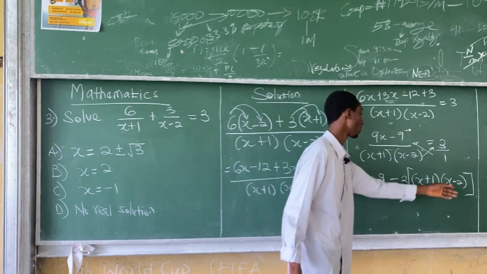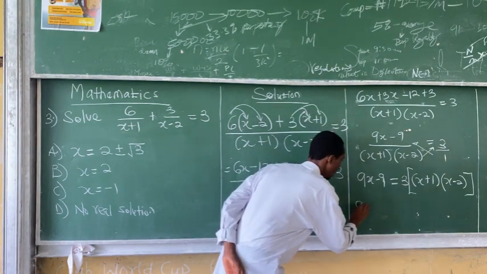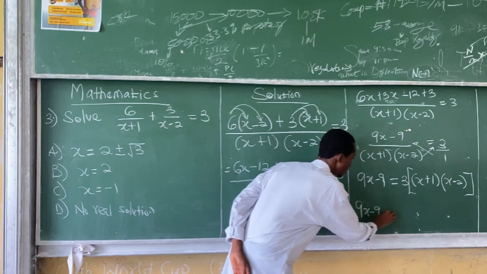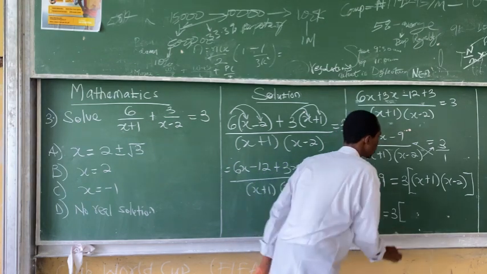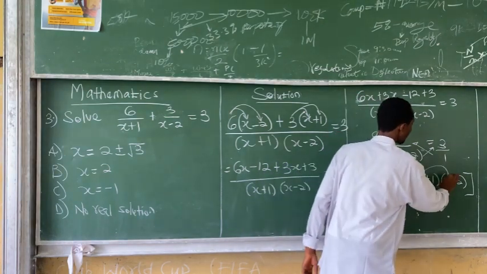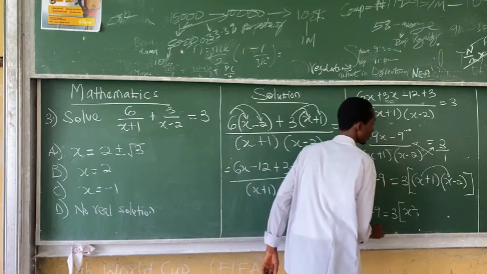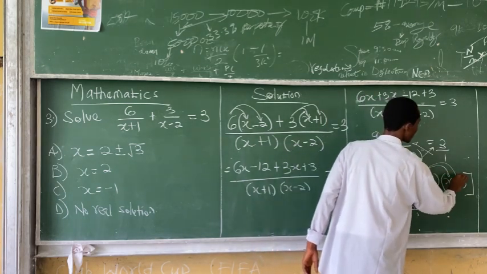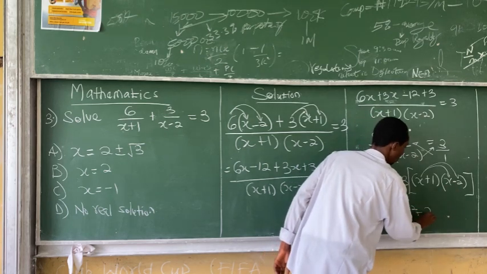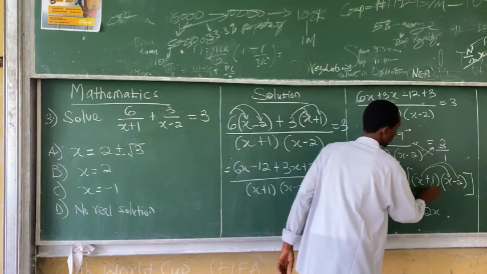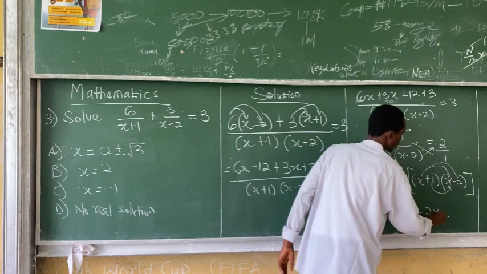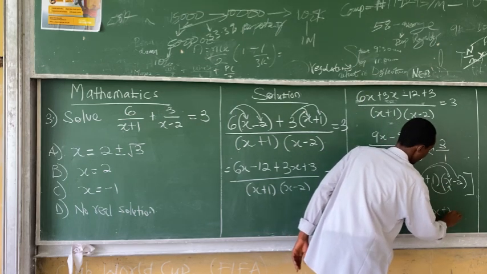If we expand this further, we have 9x minus 9 is equal to 3 into. If this multiplies this, x times x, we have what? x squared. x times minus 2, we have minus 2x. 1 will multiply x, we have plus x.